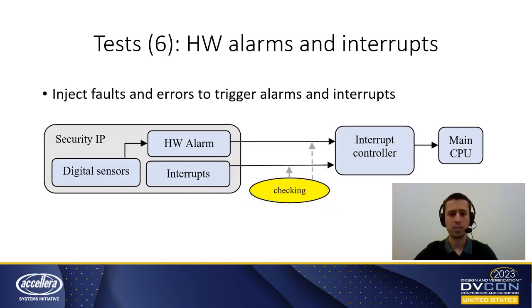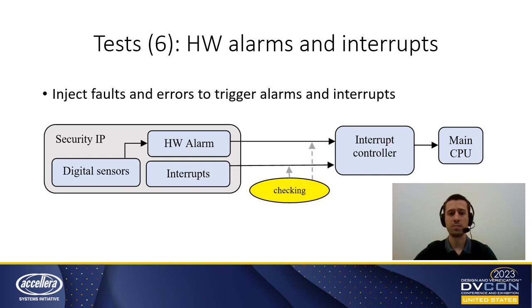The security unit can generate alarms and interrupts. Usually digital sensors activate alarms. Digital sensors are specific blocks that can detect changes in voltage, radiation, temperature, or frequency. So in our simulation, we need, for example, to increase the frequency and make sure that the alarm is triggered, and check whether it really happened.